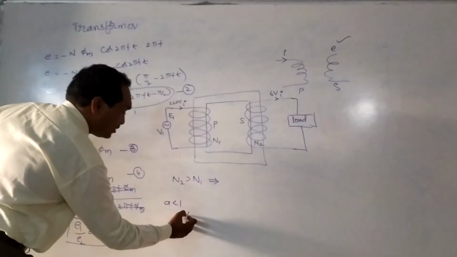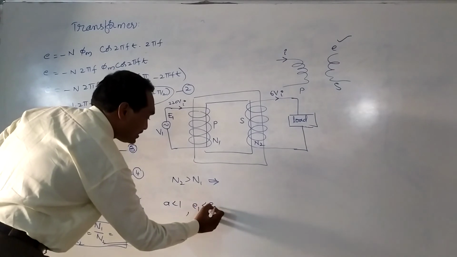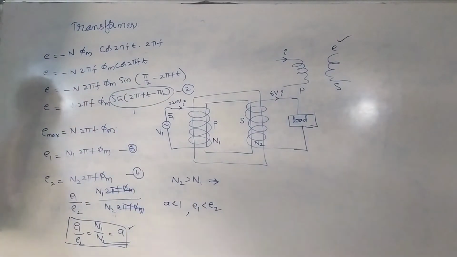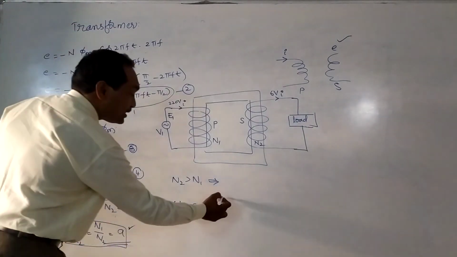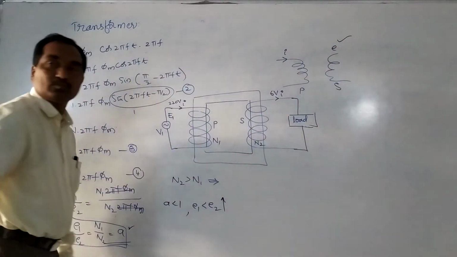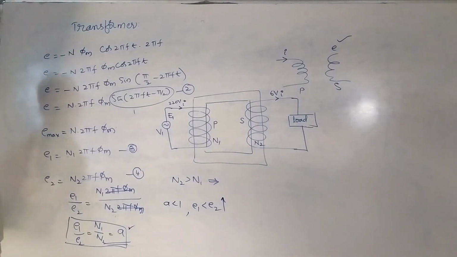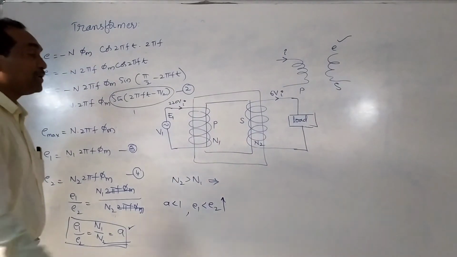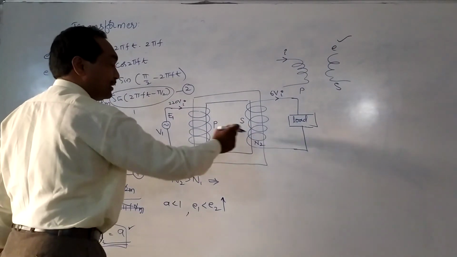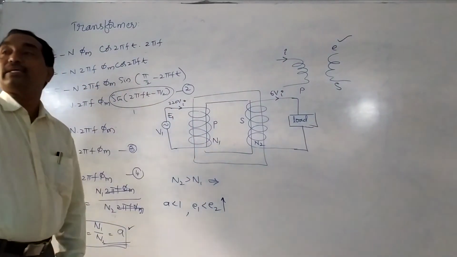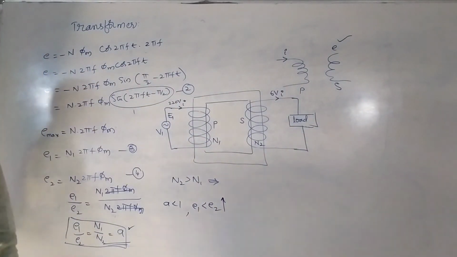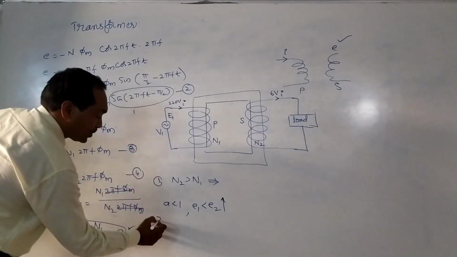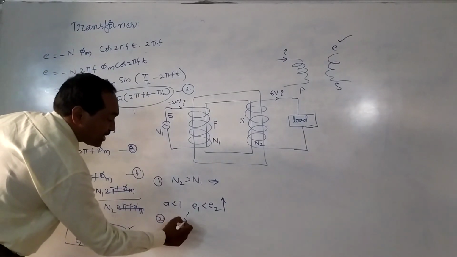In this case, E1 is less than E2, which is nothing but the voltage increases. That is a step up transformer. So if you want to increase the voltage, the number of turns in the secondary is more than the number of turns in the primary.